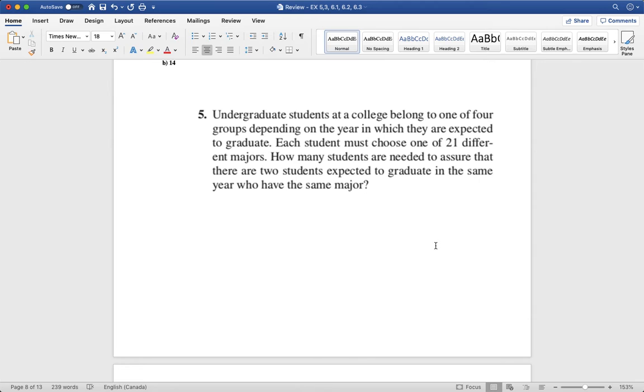Alright, so basically we have undergraduate students at a college, and they belong to one of 4 groups depending on the year in which they are expected to graduate. Each student must choose one of 21 different majors. How many students are needed to assure that there are 2 students expected to graduate in the same year who have the same major?